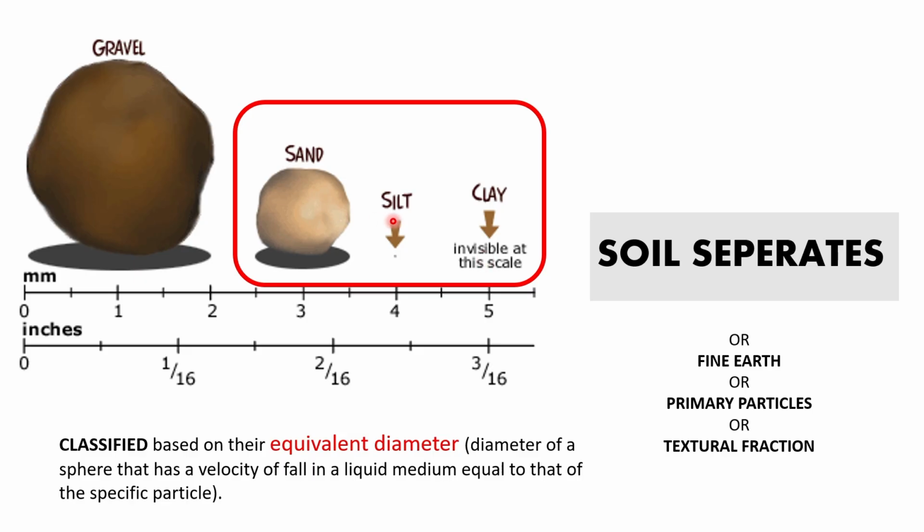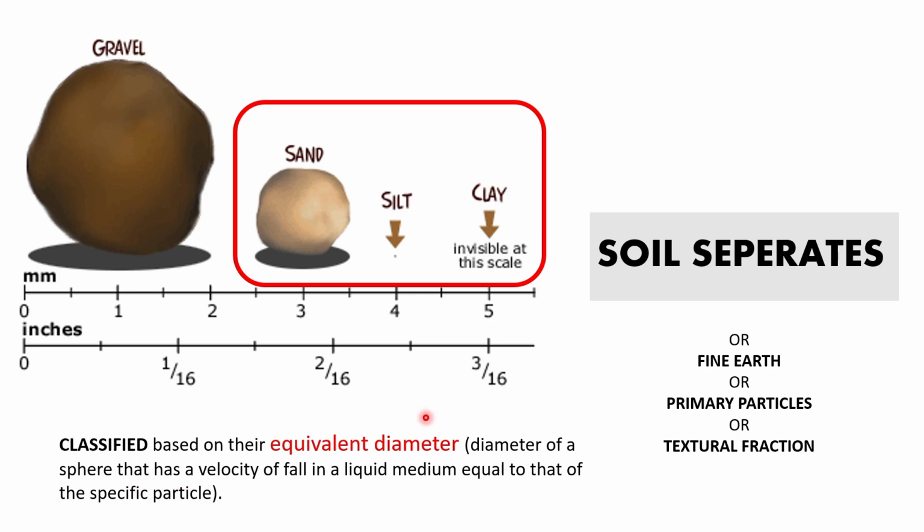So sand, silt and clay are known as soil separates or fine earth or primary particles or textural fraction. This separation, greater than 2 millimeter and less than 2 millimeter, is classified on the basis of equivalent diameter. This is the diameter of a sphere that has a velocity of fall in a liquid medium equal to that of the specific particle.